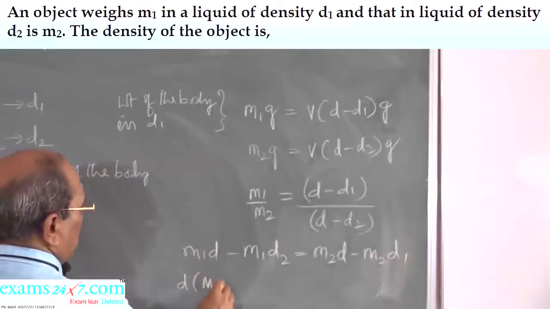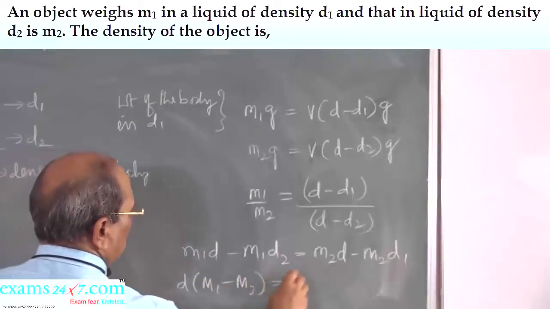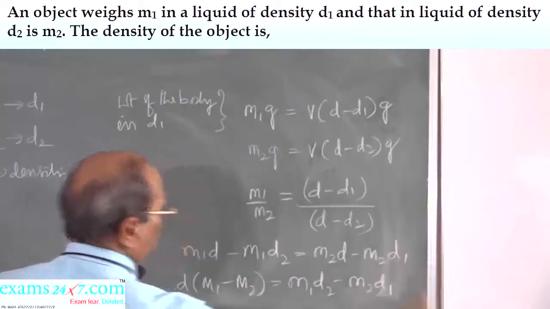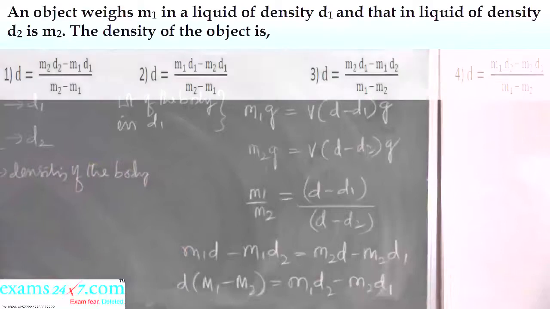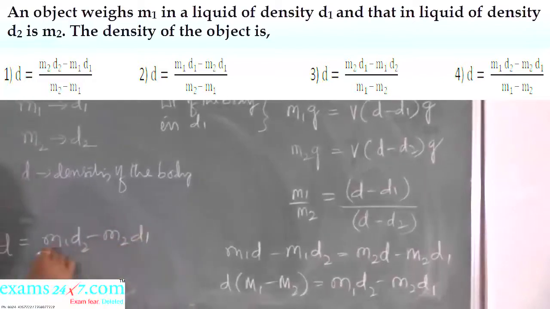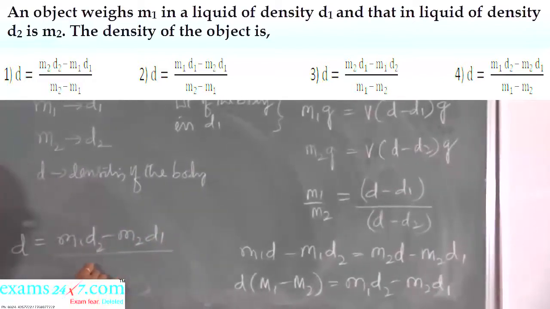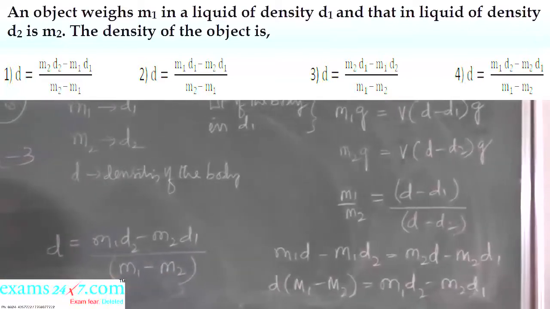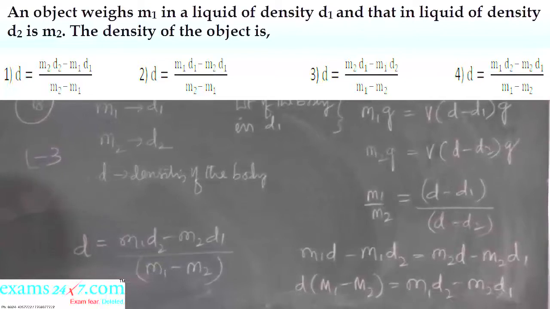Or d into (m1 minus m2) is equal to m1 d2 minus m2 d1. So the density of the body is (m1 d2 minus m2 d1) divided by (m1 minus m2). This is level 3. The option is the fourth one.